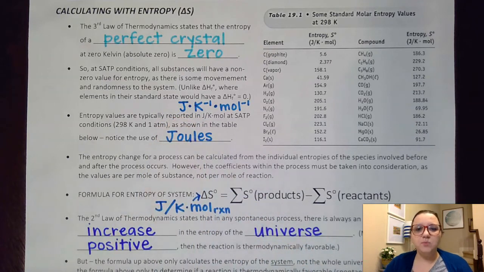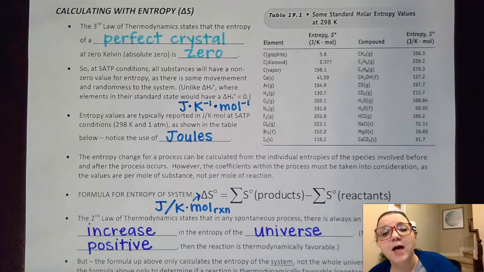The reason we have to be cautious on joules is because a lot of our other thermodynamic data, for example enthalpy, is typically in kilojoules. So if we're ever doing a calculation where we have both enthalpy and entropy involved, we have to convert one or the other in order to make those units match. We just have to be really, really careful with our units here.